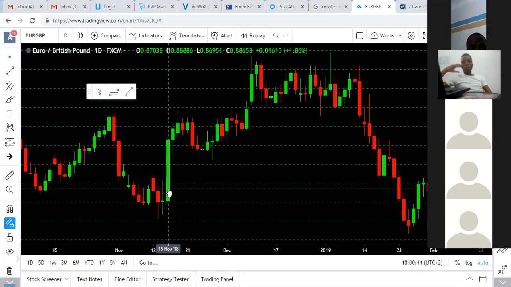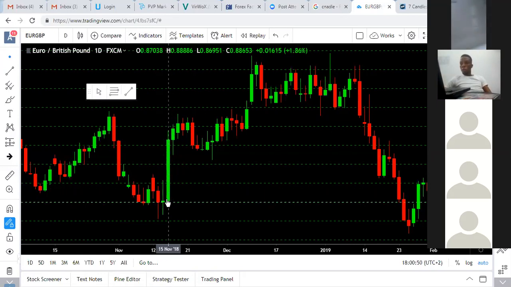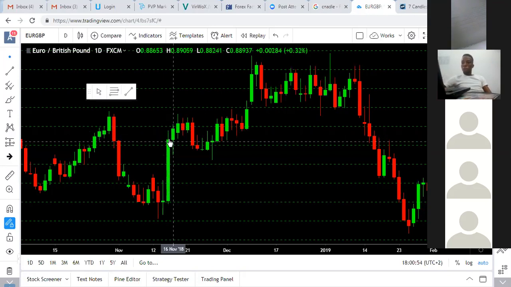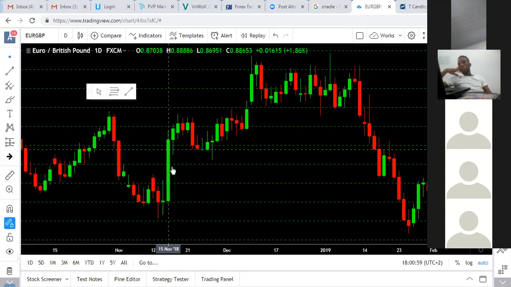The difference between the two is just about 40 something pips. Okay, but you can see that it went right up, reached a high price, and then came back to close a little bit away from the high price. So each candle, you can say something.